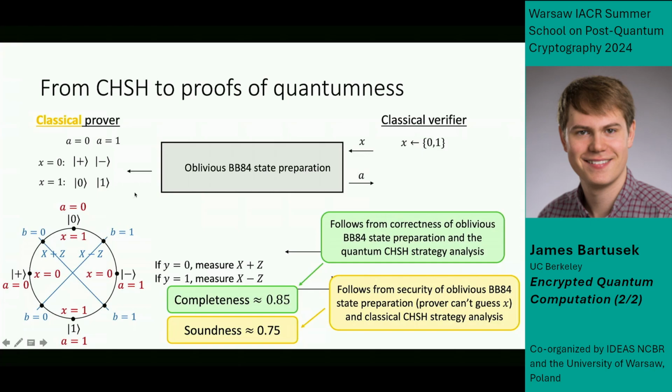Well, the fundamental reason is that, due to the security of the oblivious state preparation protocol, the classical prover cannot guess Alice's question X. This is exactly what the obliviousness of the state preparation protocol guarantees: that the classical prover gains no information about this input X. Going back to our discussion of the classical value of the CHSH game, what we saw from that proof strategy was that if Bob can't guess Alice's question with better than 1/2 probability, then any classical strategy gets stuck at 3/4.